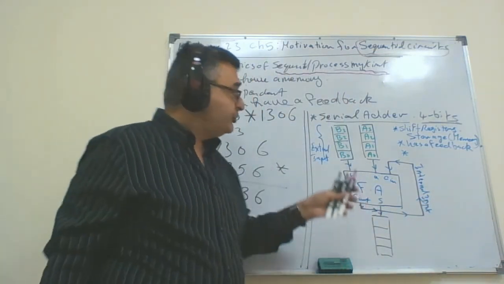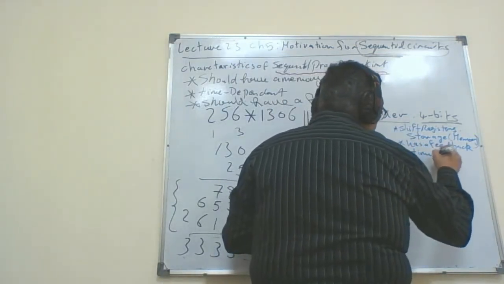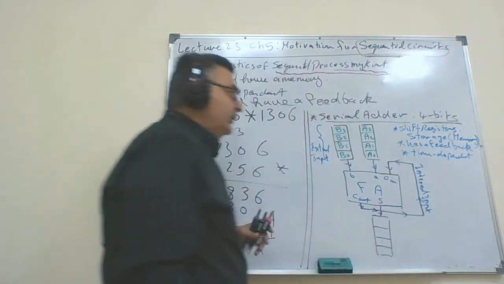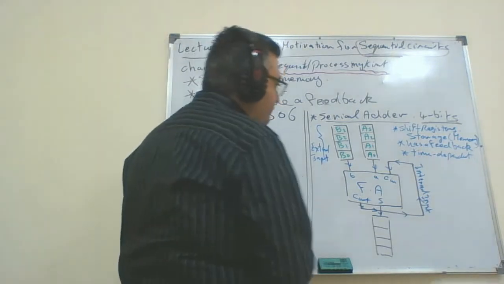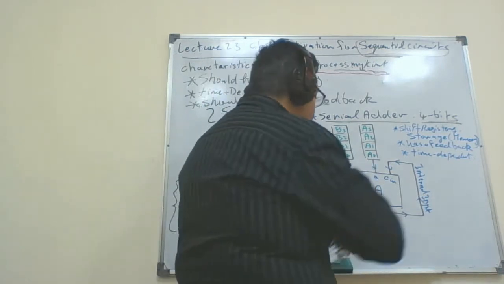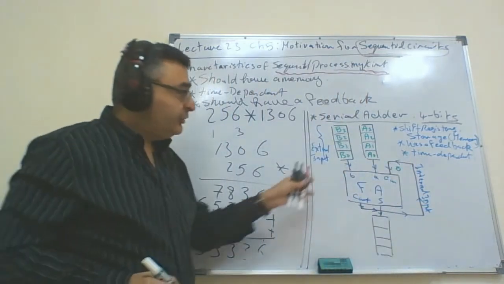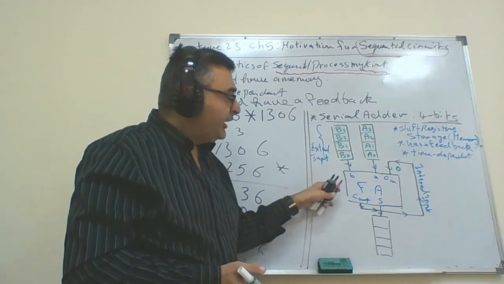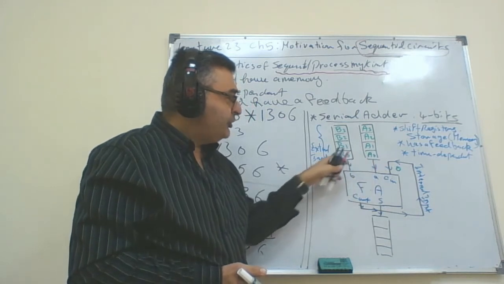Now, in order to realize the time dependency of the output, we have to go through steps. In the first step, to see how this circuit would work, I will assume that C in is initially equal to 0. So I will trigger this system to work. The full adder will add 0 to A0 to B0.